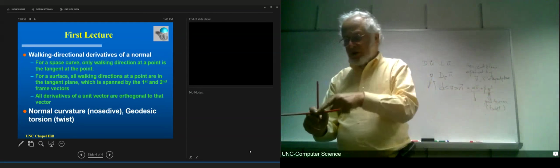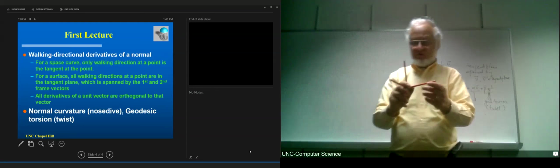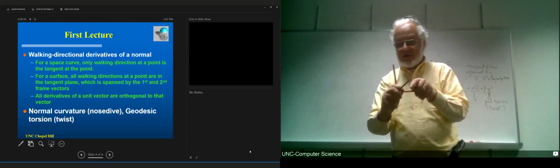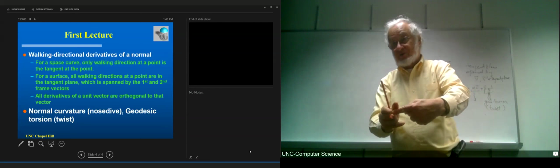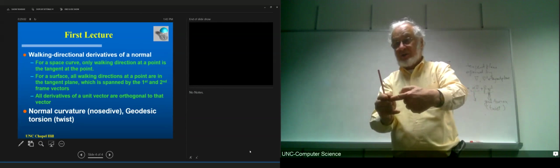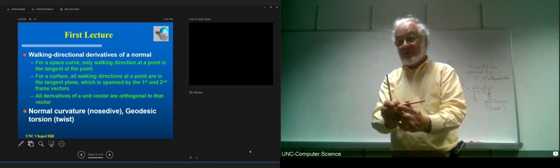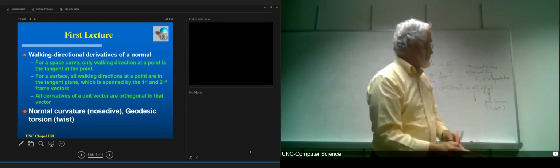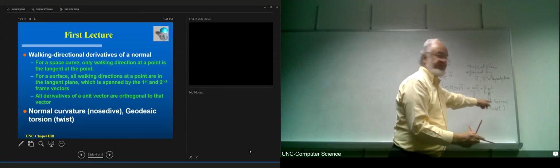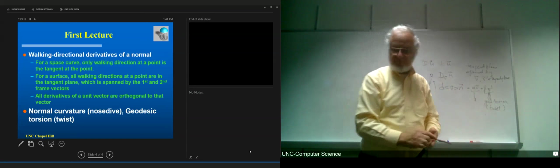So when this thing swings this way, we're going to have a vector in this direction that's going to have a component in the v direction and also a component in the v perp direction. And those are going to be respectively the normal curvature and the geodesic torsion.